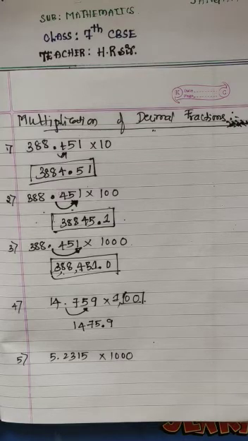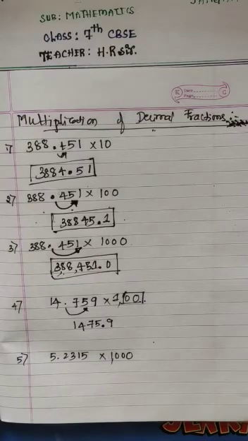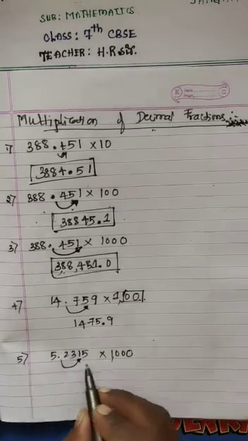The number of zeros in the multiplier 1000 after 1 is 1, 2, 3, that is 3 zeros, so the decimal point will move 3 places to the right.